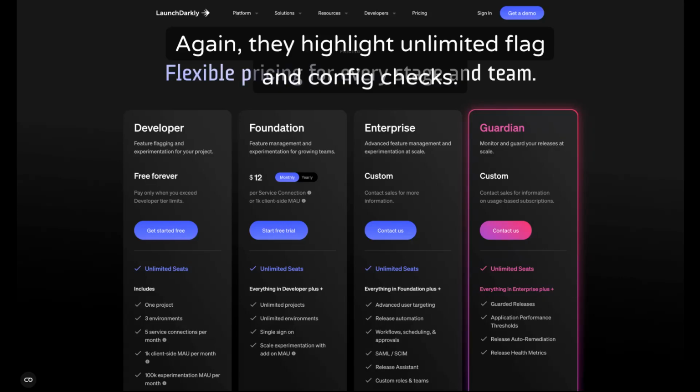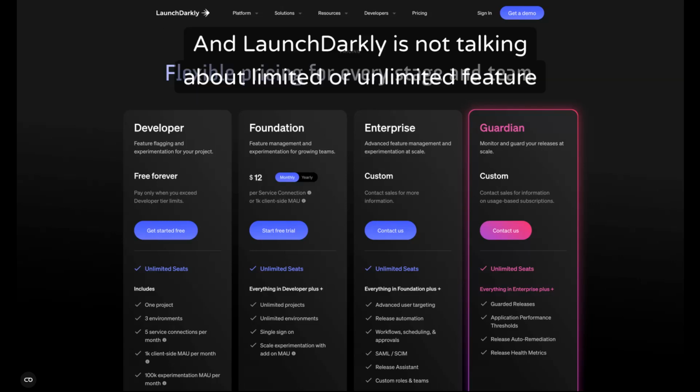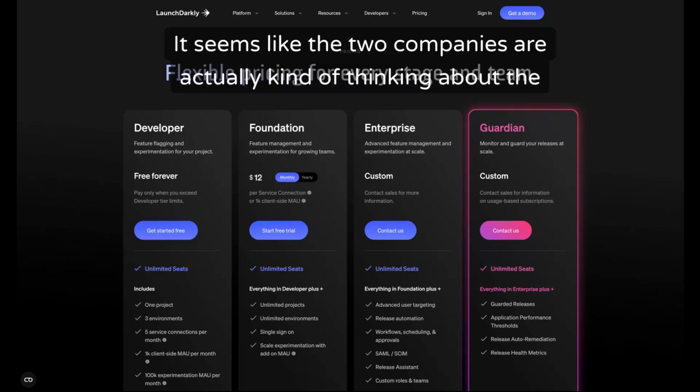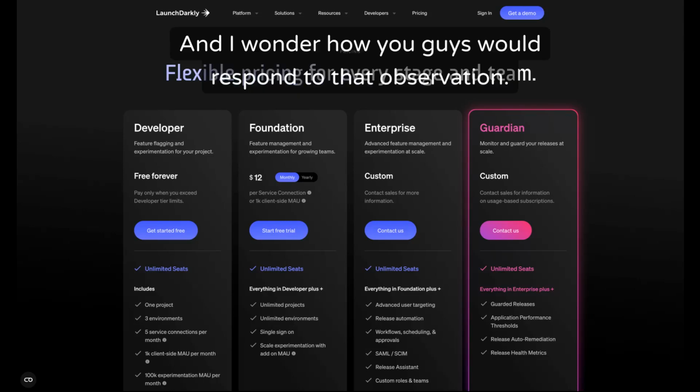Again, they highlight unlimited flag and config checks. They don't really talk about monthly active users. And LaunchDarkly is not talking about limited or unlimited feature flags or flag checks. It seems like the two companies are thinking about the price metrics quite differently. And I wonder how you guys would respond to that observation.